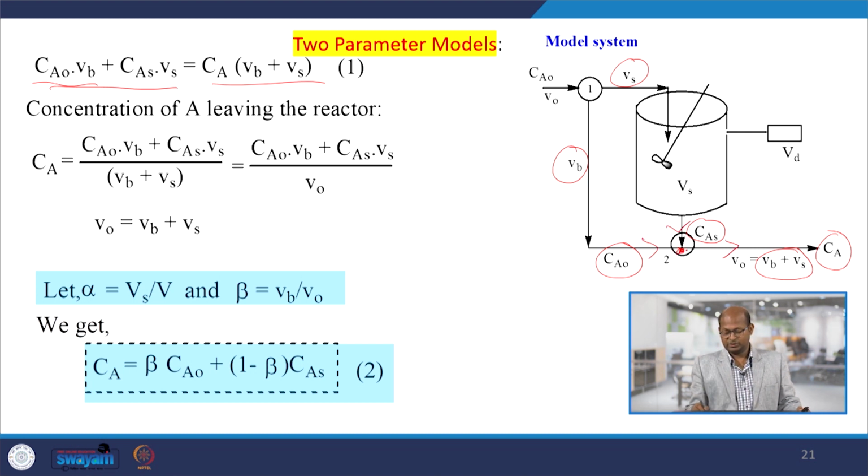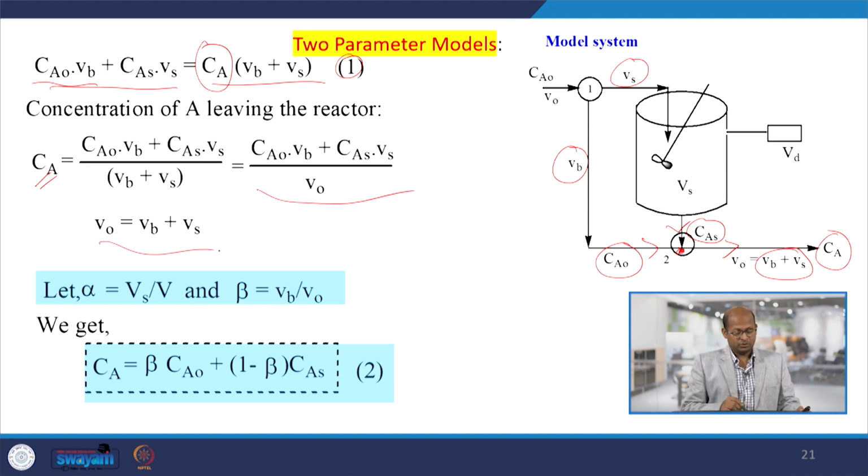At these junctions we are doing the material balance, so this gives equation 1 from balancing at junction 2. Ca is the concentration of A leaving the reactor. Rearranging these equations, we can get this.